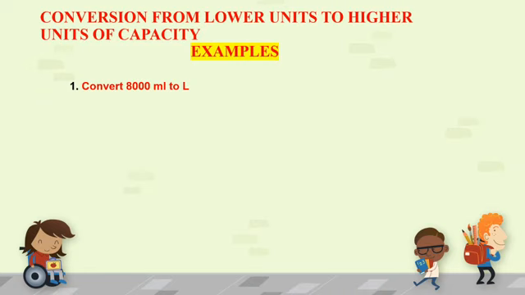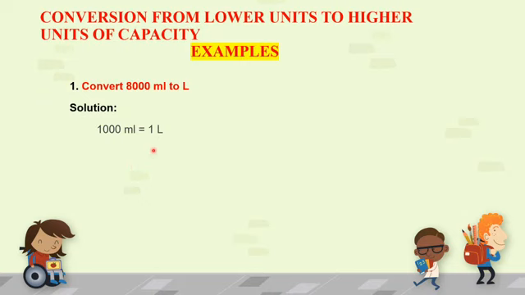Convert 8000 milliliter to liter. Conversion is from milliliter to liter. Milliliter is lower unit and liter is higher unit, so we are converting lower to higher unit. 1000 milliliter make 1 liter, right?